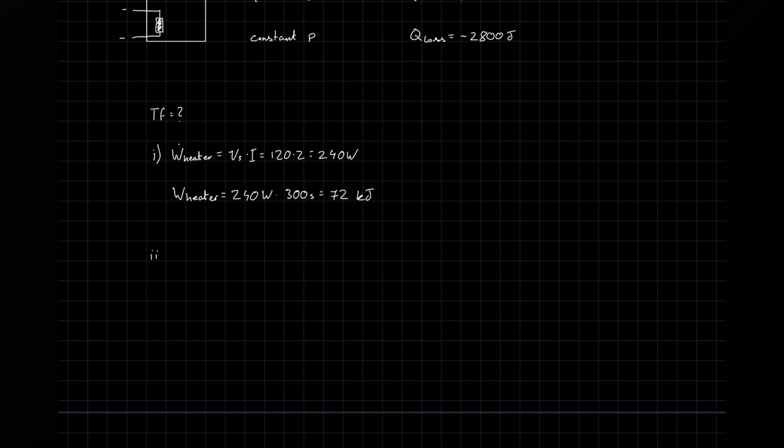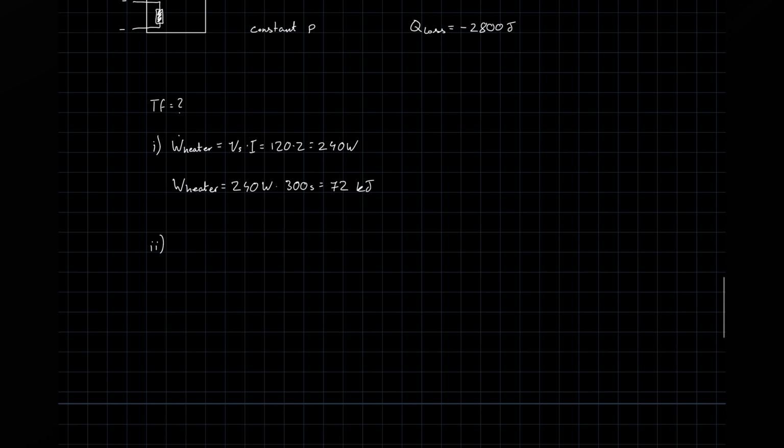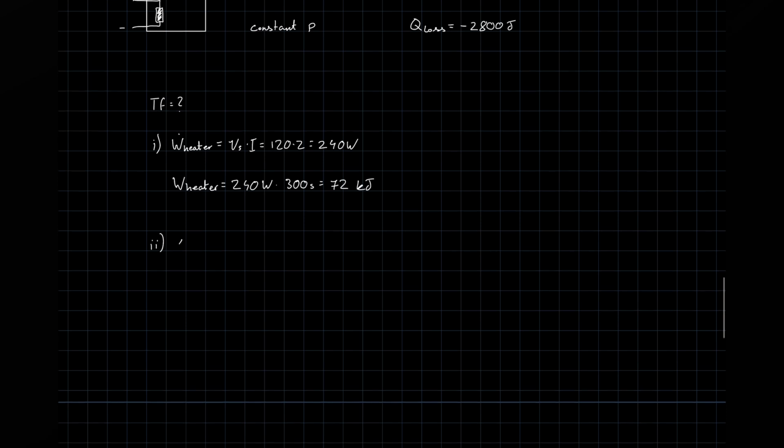Step 2, let's figure out by how much our internal energy changes. So delta U is equal to Q plus work other plus work PV. Now, in this case, we do have some Q, it's our heat loss. We have some other work, that's, as we've established, the work being done by the heater.